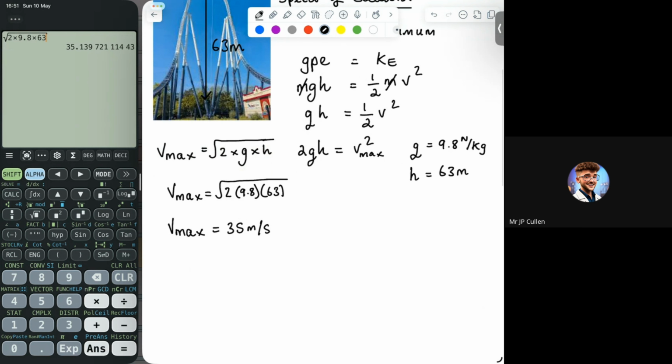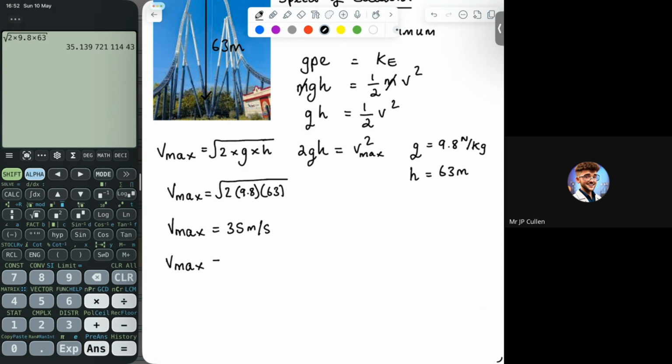Since there are 3,600 seconds in an hour and 1,000 meters in a kilometer, if we want to convert this into kilometers per hour, we divide by 1,000 and times by 3,600. That essentially gives us a multiplication factor of 3.6. So to get it into kilometers per hour, we just multiply our answer by 3.6.